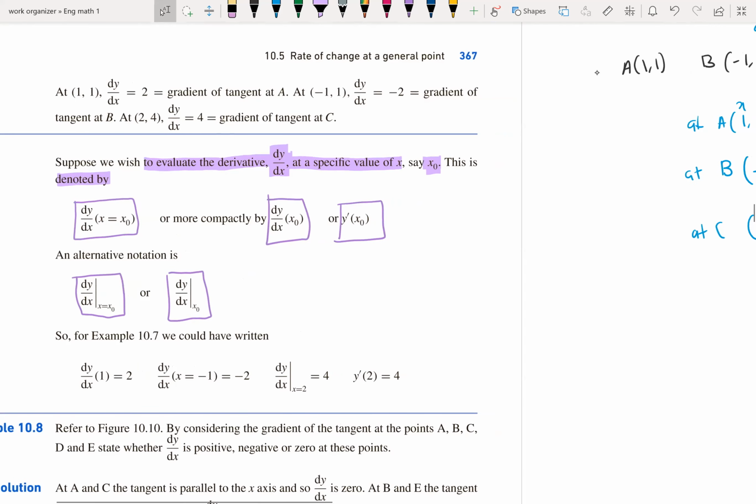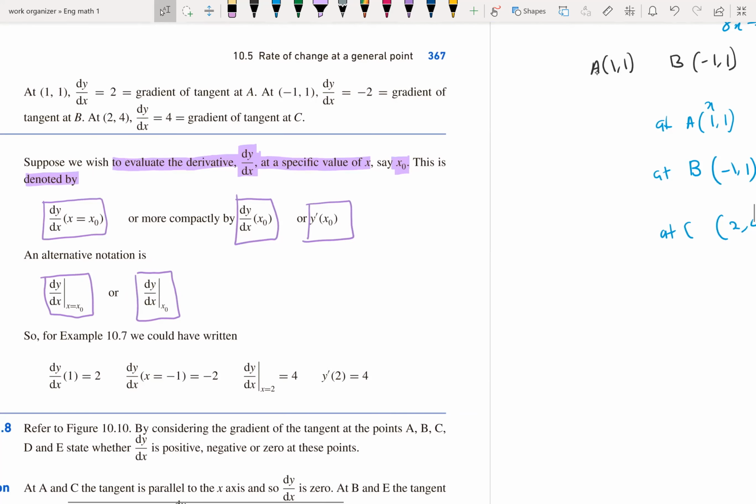In the last example, when we want to find the rate of change of y at x equal to 2, for simpler notation we can use y prime of 2, and lastly the answer 4.